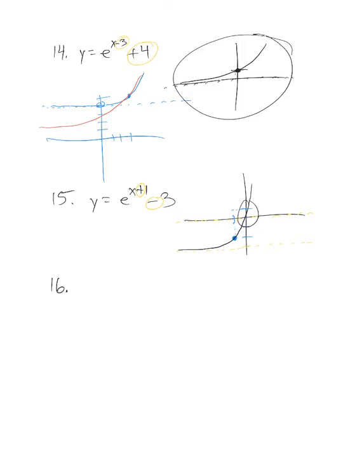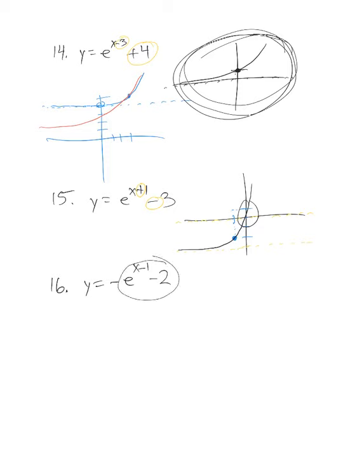Number 16, the last one: y equals negative e to the x minus 1, minus 2. Again, we have our parent function up here at the top, and we can do the shifting, or we can do the reflecting first. It doesn't really matter.